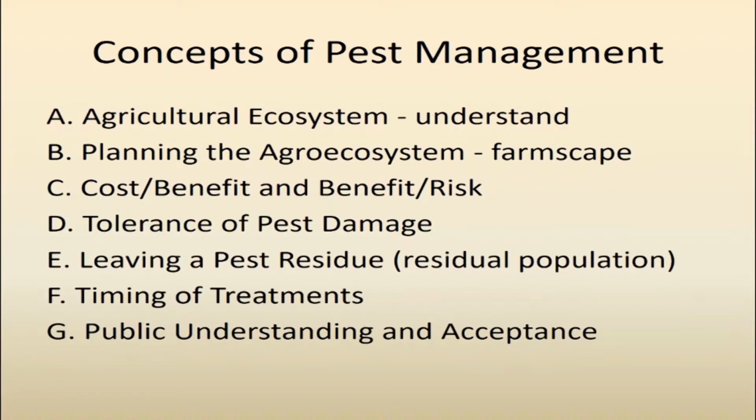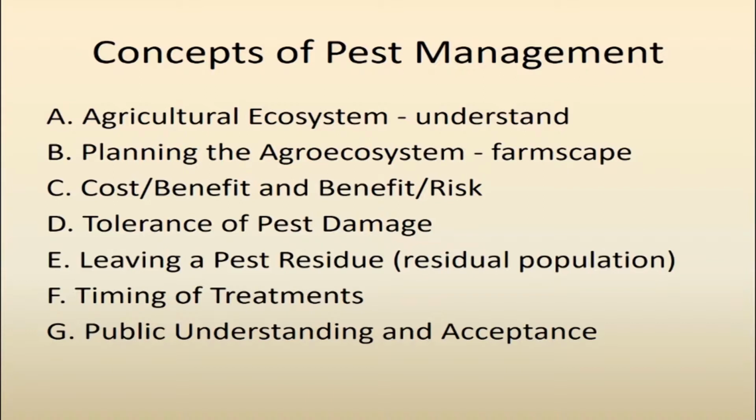And what actually is integrated pest management? What are the concepts of integrated pest management? Here, the one who is implementing an integrated pest management program has to first understand the agricultural ecosystem, and then accordingly he has to plan the agricultural ecosystem in which he has interest in the development of an integrated pest management program for a particular insect or a particular crop, and we have to work out the cost benefit on one hand and the benefit risk ratio on the other hand.